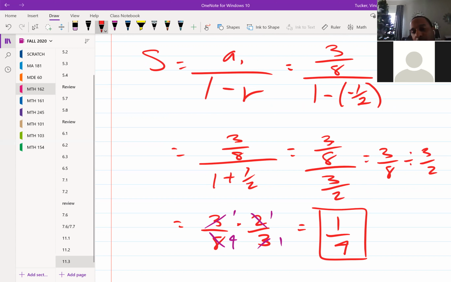So the sum is going to be 1/4. And don't forget the way this was set up: you're adding a term, subtracting a term, adding a term, subtracting a term, infinitely, multiplying by r, and it will ultimately give you 1/4.